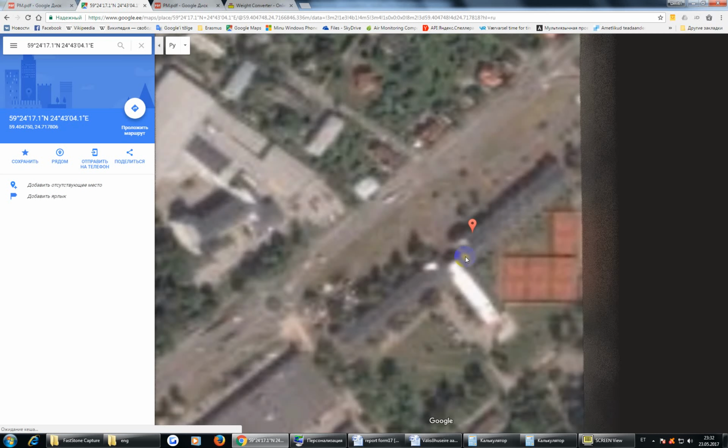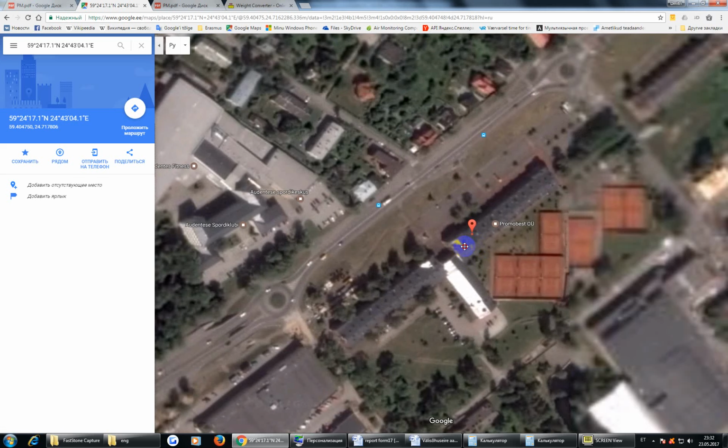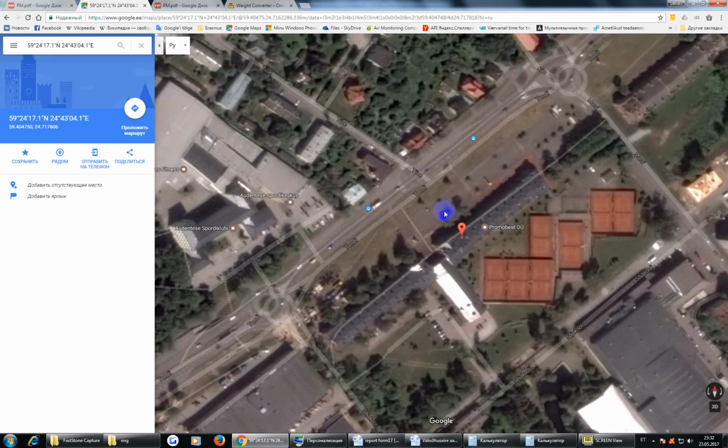If it's possible, maybe you can simply find the nearest household from the university, for example this building. Okay, so try to define the distance.